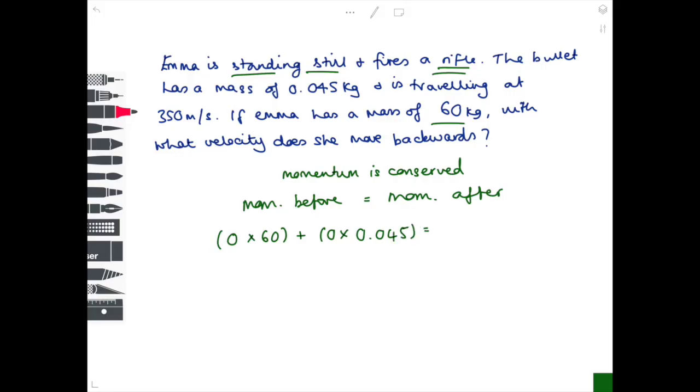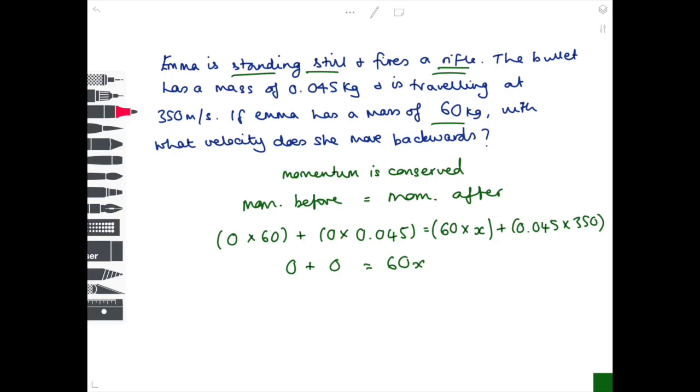Looking at their momentum afterwards, so her momentum will be her mass, which is 60, times her velocity, which is x, that we don't know the answer to yet, plus that of the bullet, so that's going to be 0.045 multiplied by 350, and that's a matter of sorting out that equation. So those cancel out, because 0 plus 0 equals 0.